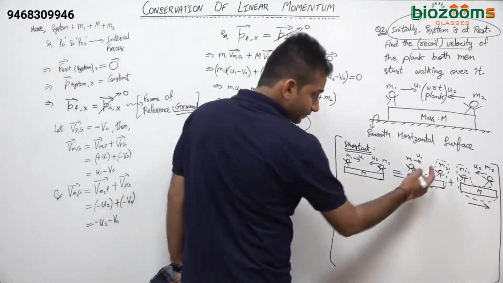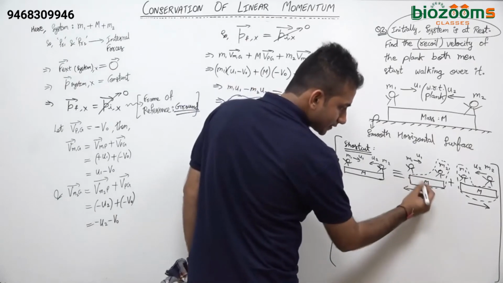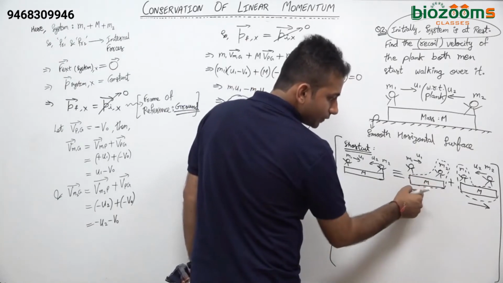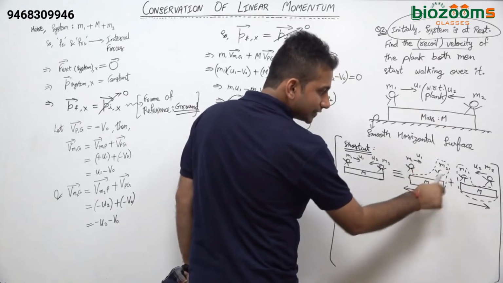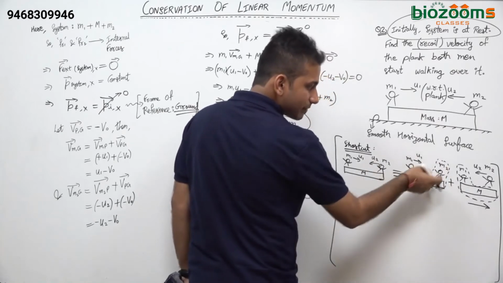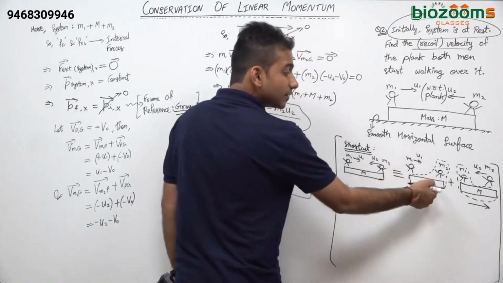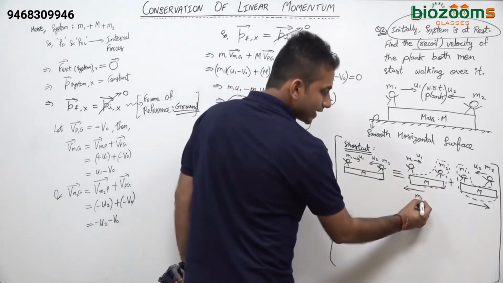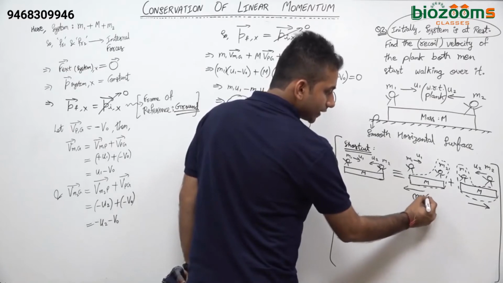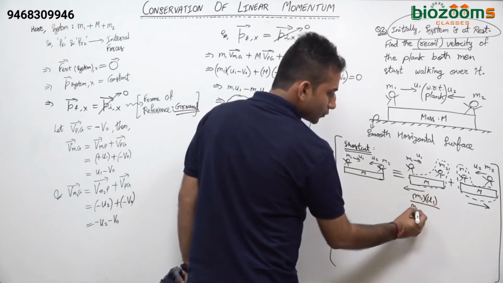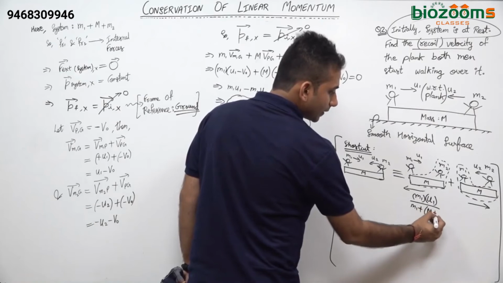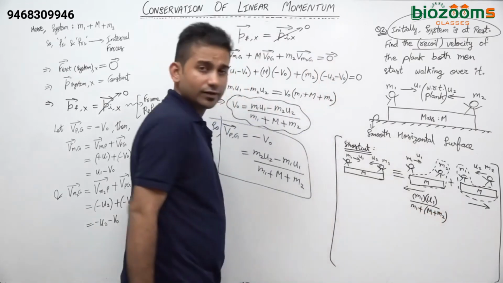So can you say here, let us consider it to be case 1. What will be the value of velocity attained by this plank or boat, the man plus plank system, towards the left? Can I write it as the mass of the other one, which means m1 into u relative, that is u1, over the total mass of the system, which means m1 plus capital M plus m2. Correct?